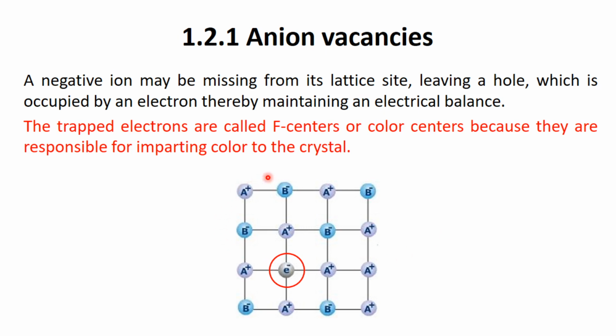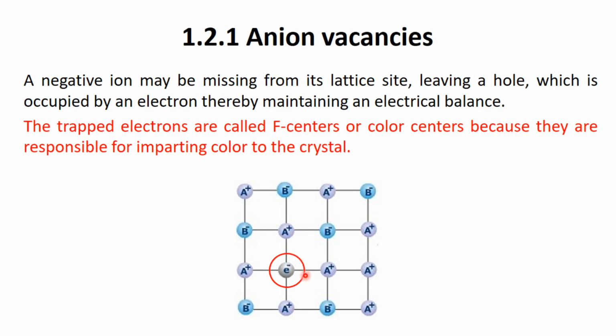So, for example, in this figure below, you can see positive and negative ions, and one of the negative ions B is missing from its site, leaving a hole which is occupied by an electron in order to maintain the electrical neutrality of the crystal.